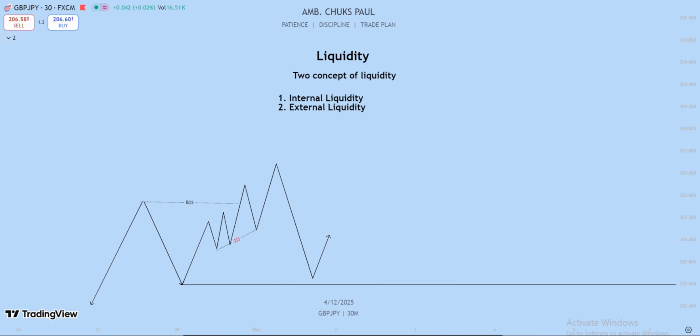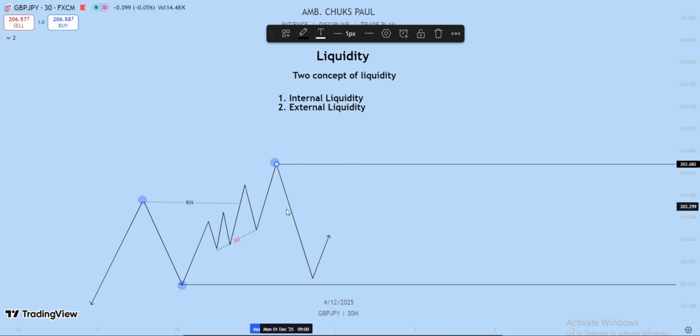This low here, please pay attention, this low that caused this break of structure, that caused this high to be taken out, is our what? Is our external liquidity, or this is our swing low. Swing low is the low that caused the break, right? That low that caused this break up to here, that caused price to take out this high. This is our swing low, and then this is our swing high before price started retracing.